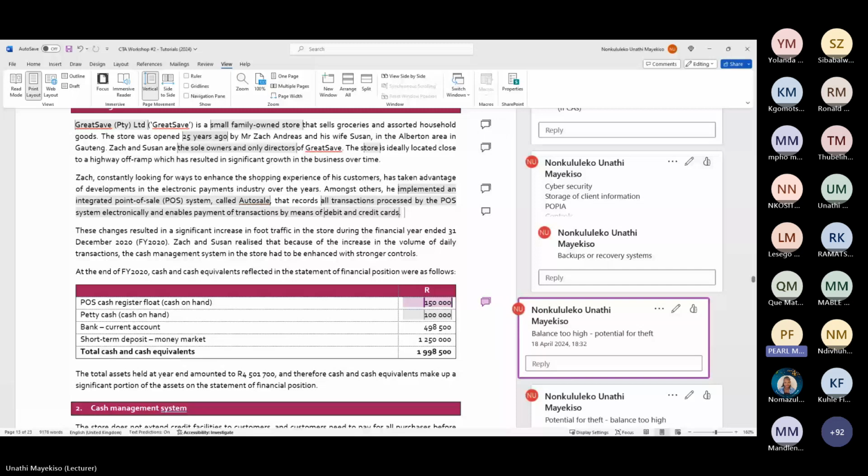With the amount of cash that they have, considering their bank accounts and the cash on hand, my basis of materiality would be on assets. Why? It's a significant risk.